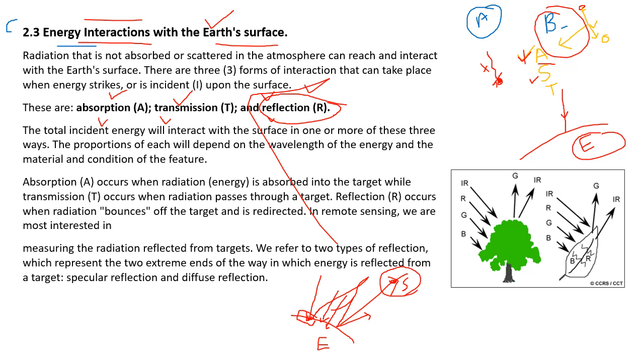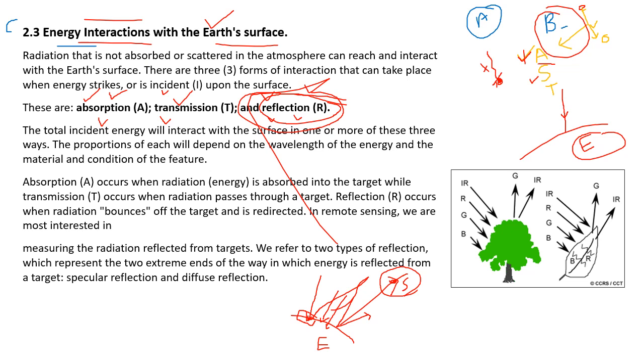But in water, a little bit of blue light and green light is reflected, a little higher than red. That's why water appears blue to us. So of absorption, transmission, and reflection, what is important, what is detected by the satellite, is the reflection.